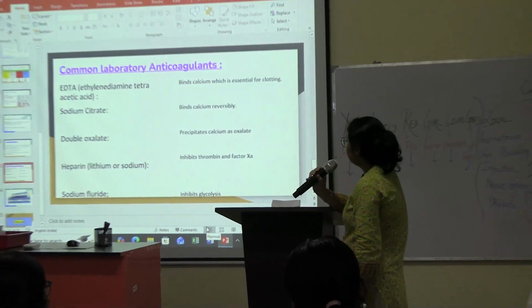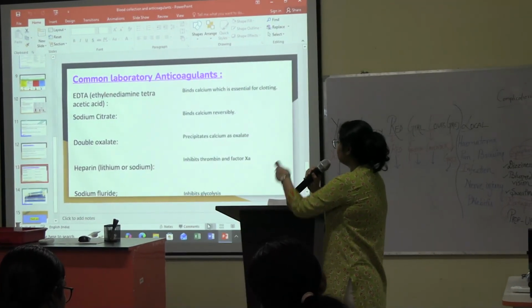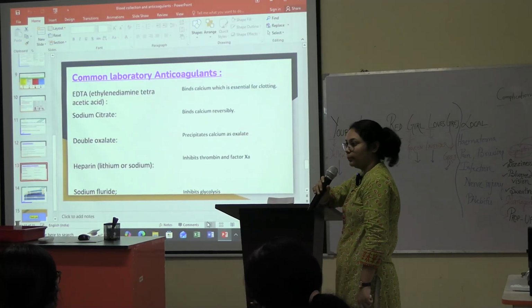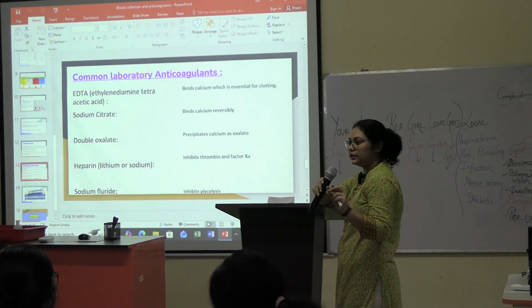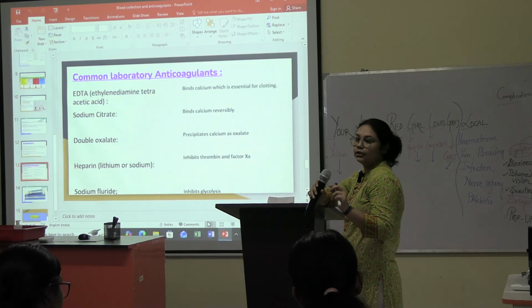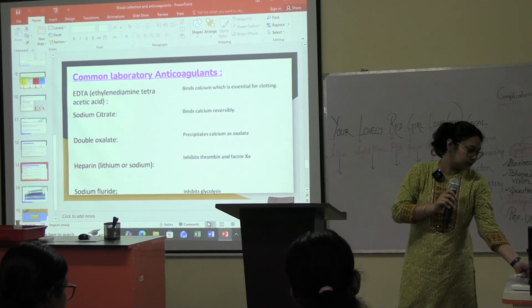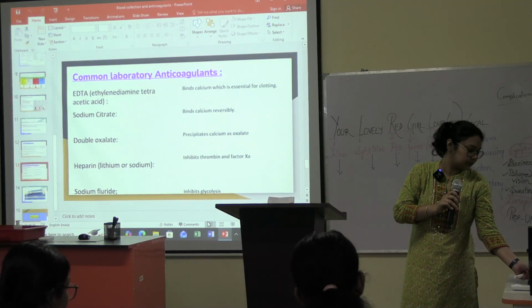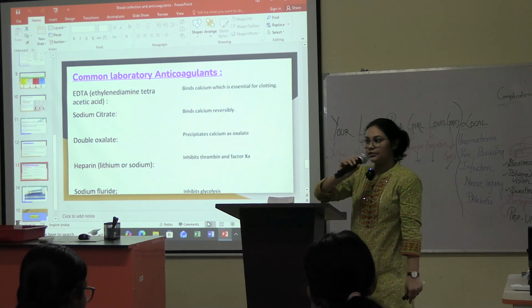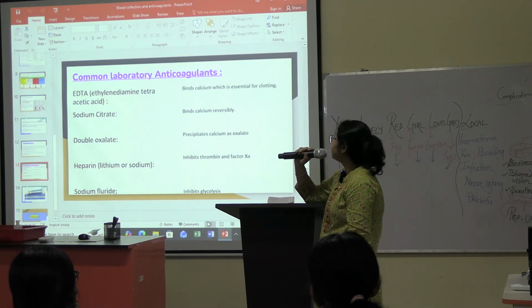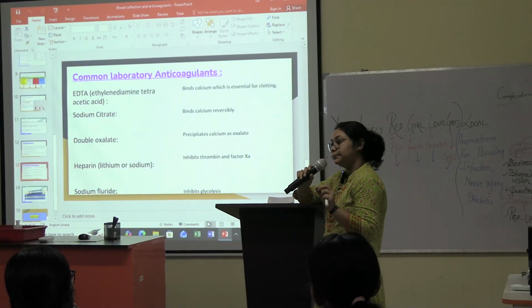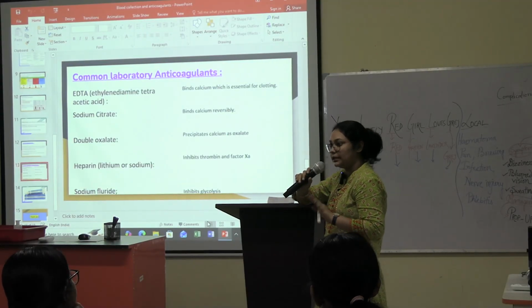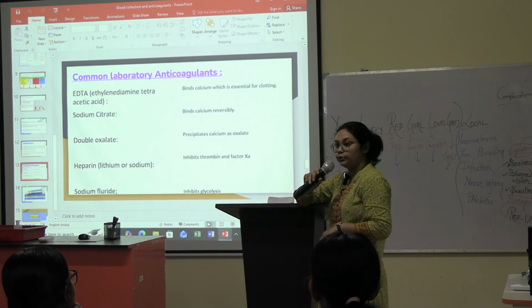I have also said about heparin, a mechanism of action is it inhibits thrombin. Thrombin is a key enzyme which is needed in the process of coagulation, because there's a soluble plasma protein present in our plasma known as fibrinogen.